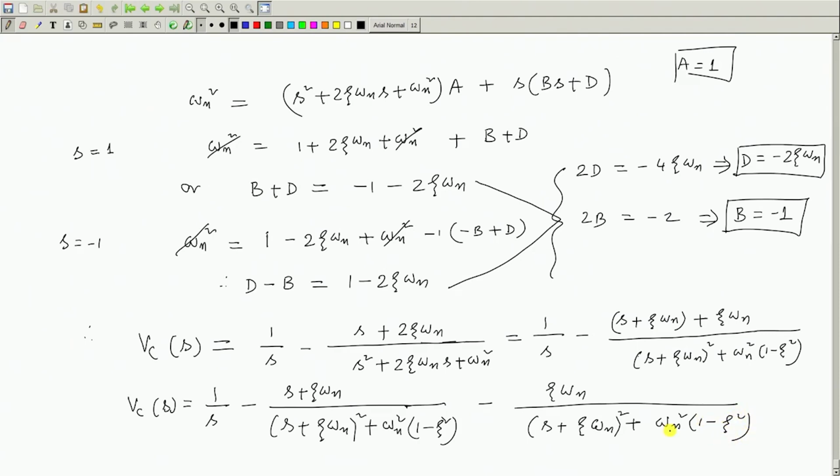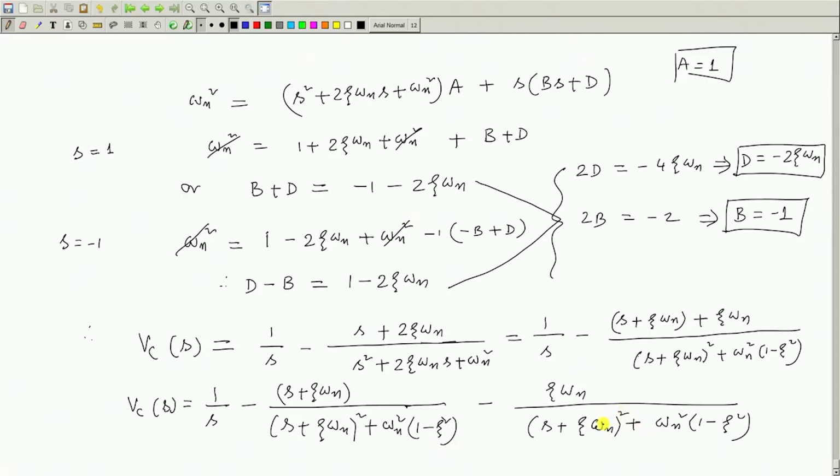So, looking at the denominator, it looks like sine and cosine terms will come, and there will be also an exponential minus zeta omega n t term. Now, so far as the first term is concerned, it is already nicely placed. Laplace inverse of this term will be e to the power minus zeta omega n t into cosine of this number, I mean squared.